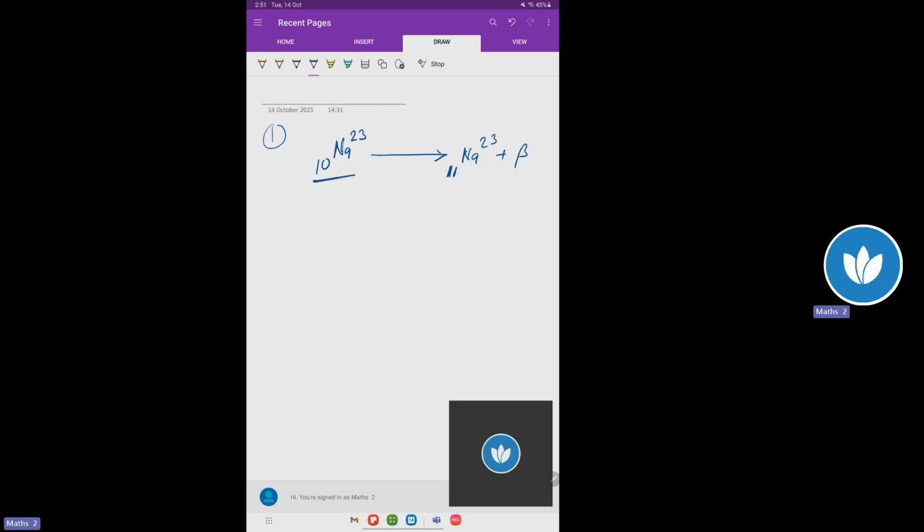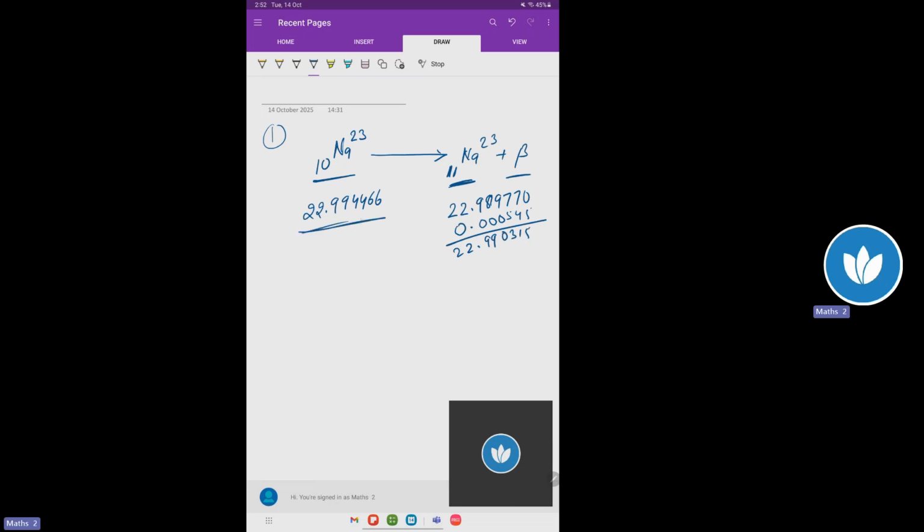Now this side mass is 22.994466, and this mass and this mass, total mass is 22.989770 plus 0.300545, which is 22.990315.